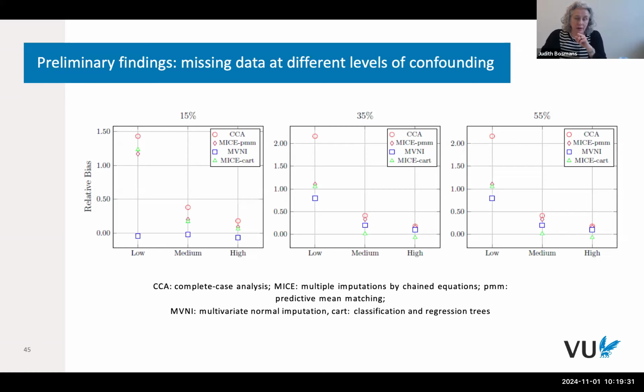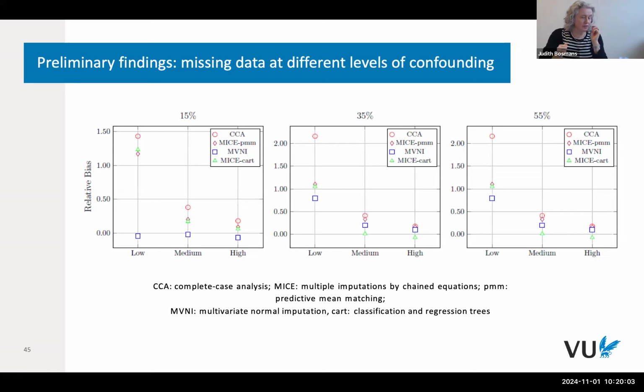So we used the mice PMM. So then we use predictive mean matching to impute the missing data, which is actually, if you have a case with missing data, you try to find similar cases, so cases with similar characteristics, and you randomly draw an observed value from one of these generally 5 cases that are similar to your case with missing data, with a missing observation.